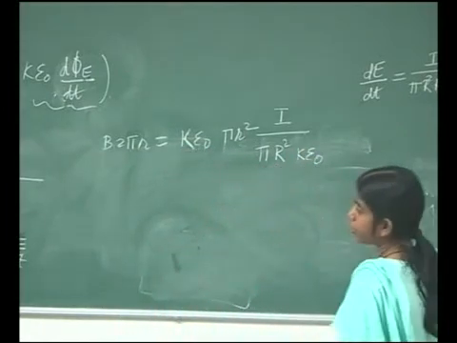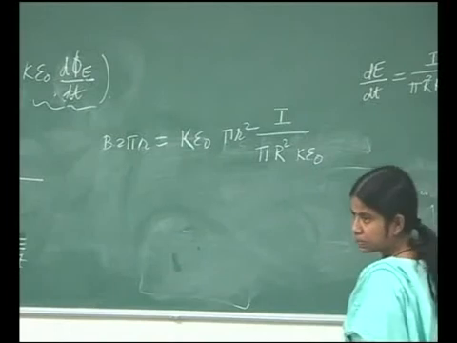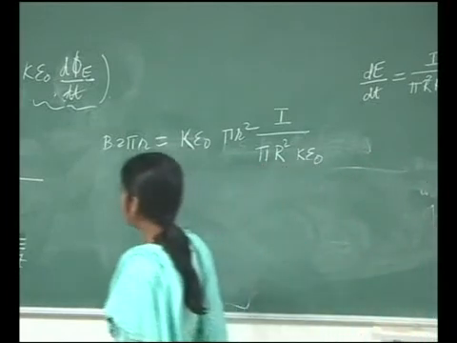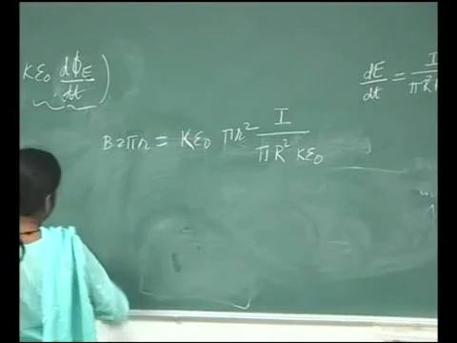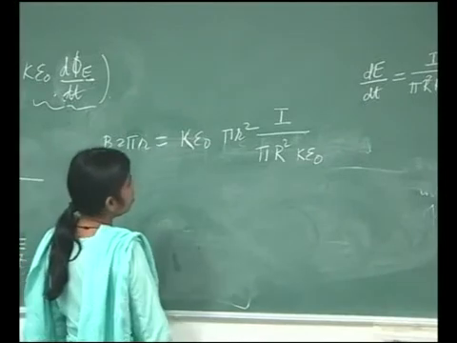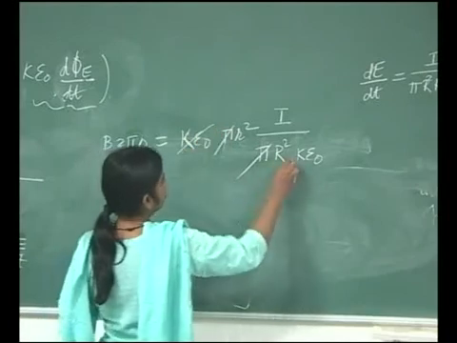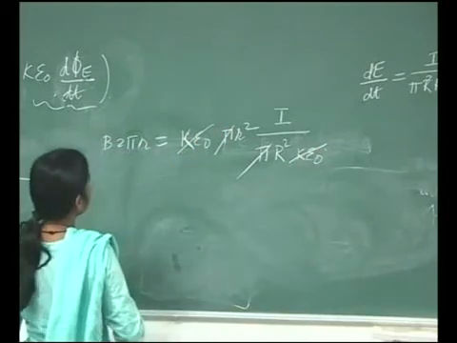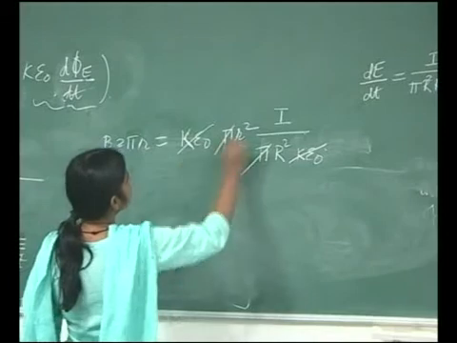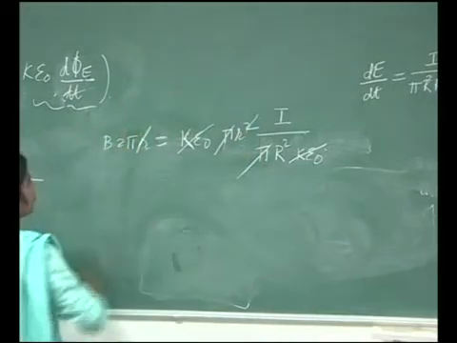Okay. Is it okay? The value of dE by dt will not change, the R will not change. So, I can cancel out a few things here. I cancel this, I cancel this, and then one R goes off from here.